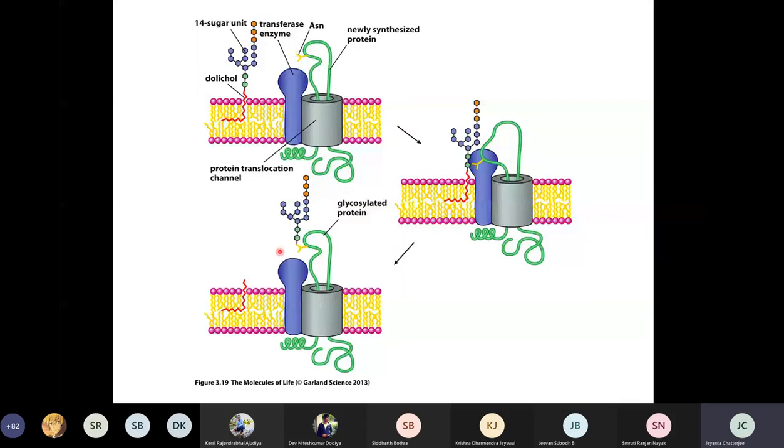That's how the entire oligosaccharide is transferred onto the polypeptide chain. So N-linked glycosylation is a co-translational process where the entire large oligosaccharide unit is transferred, and that is why the enzyme is called not a glycosyl transferase but an oligosaccharide transferase. It transfers the entire unit onto the asparagine.